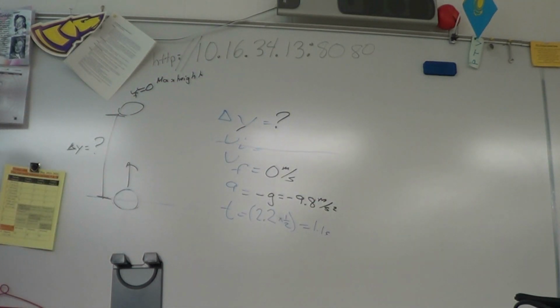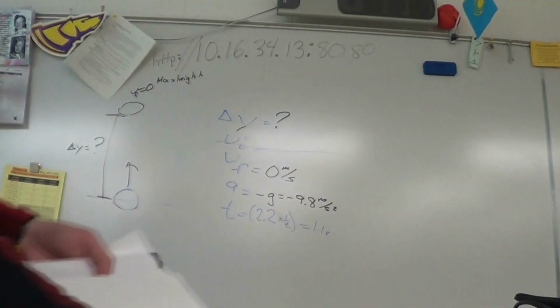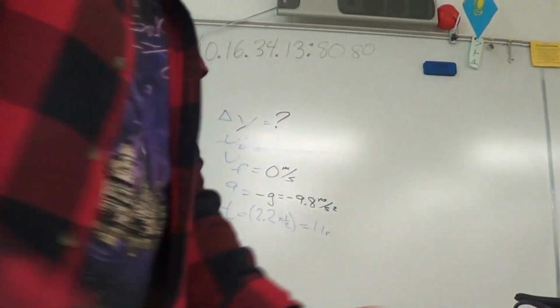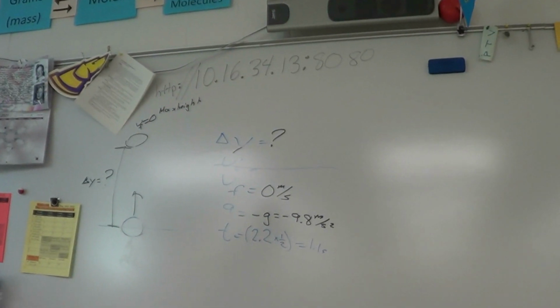Okay? Now, if we go through and we pick an equation that doesn't have an initial velocity in it. What equation does not have an initial velocity in it? Number 1 does, you're right.